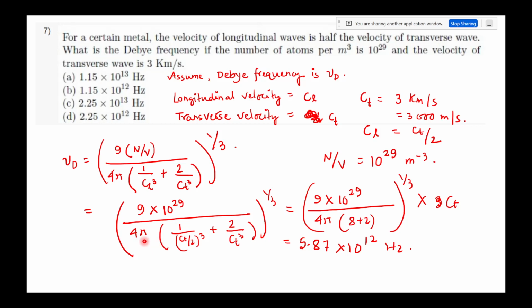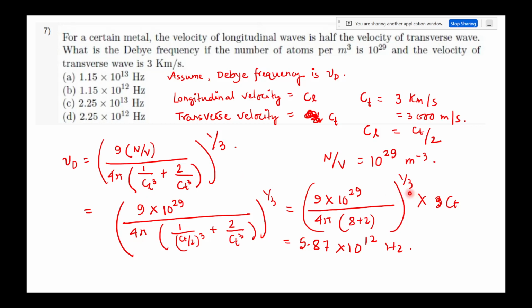Okay, sir, up till this point, this is clear. 1 by CT cube. Now there is a cube root, right? If this is 1 by CT cube and this is 1 by 3, then there will be 1 by CT, but that is in the denominator, so that will come in the numerator, right?